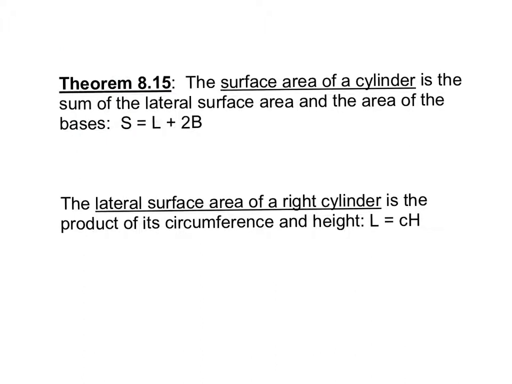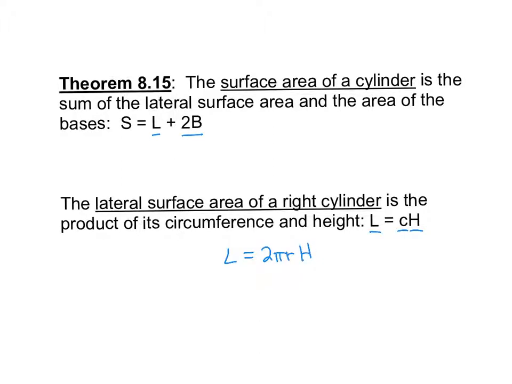The surface area of a cylinder is the sum of the lateral surface area and twice the area of the base. And my lateral surface area is the circumference times the height. So we already talked about on the previous screen that the circumference is 2 pi r times h.